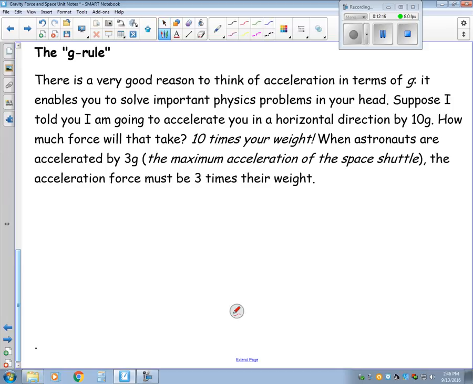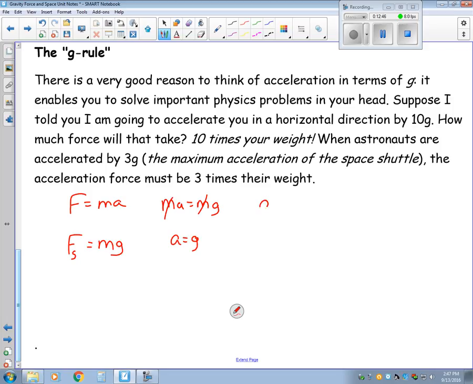Now, the way we can derive this: force equals mass times acceleration, and then weight, the force due to gravity, is mass times g. And let me change that to an a. So, force due to gravity is the same thing as a force, so I can set these two equal to each other. We see that the acceleration will be the acceleration due to gravity.